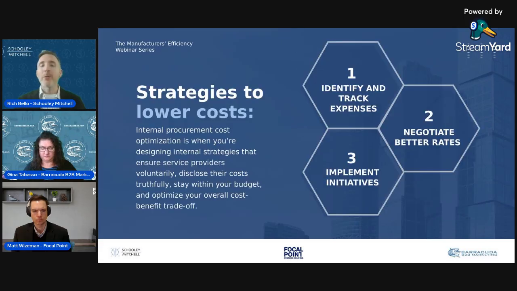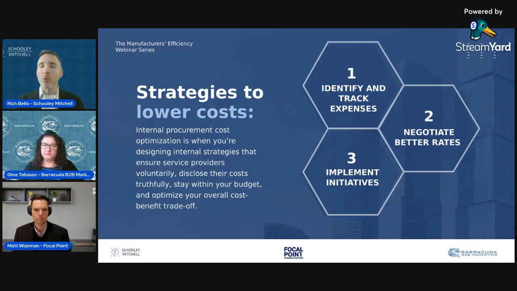So we kind of went through the different rate structures and fees that are associated with processing payments. So when you want to talk about lowering those fees and how you go about doing it, it's basically you're putting together an internal cost procurement plan, and you're trying to optimize what it is that you're paying your processors as best as you possibly can.